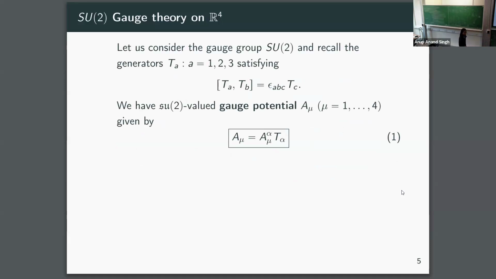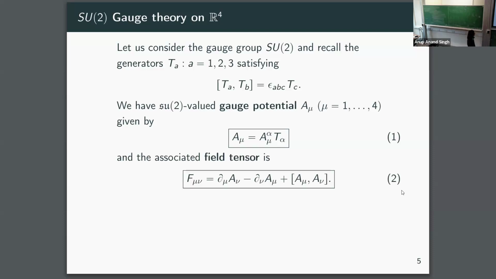I'll consider the SU(2)-valued gauge potential A_mu, which component-wise you can write this way, and then the associated field tensor F_mu nu this way.